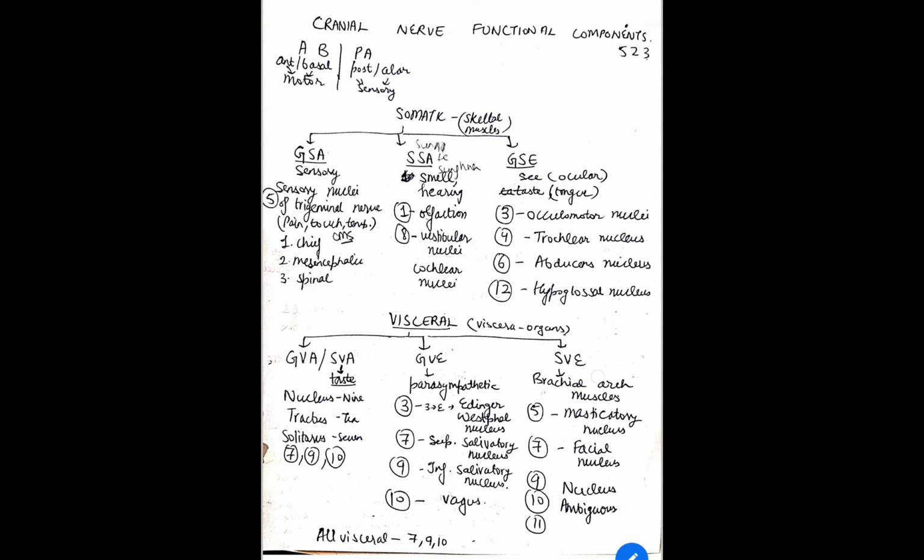Then visceral: general visceral afferent and special visceral afferent are the nucleus tractus solitarius, 7, 9, 10. Then general visceral efferent is parasympathetic, and that is 3, 7, 9, 10: Edinger-Westphal, superior salivatory, inferior salivatory, and vagus. Then special visceral efferent, branchial arch, is 5, 7, 9, 10, 11.